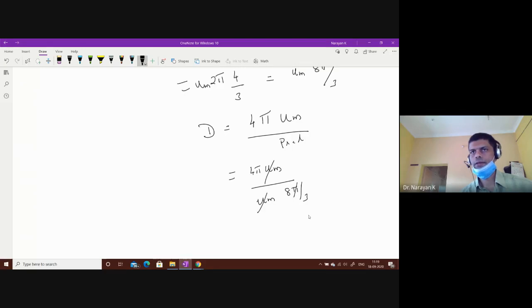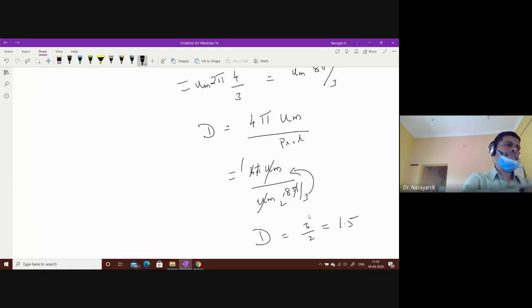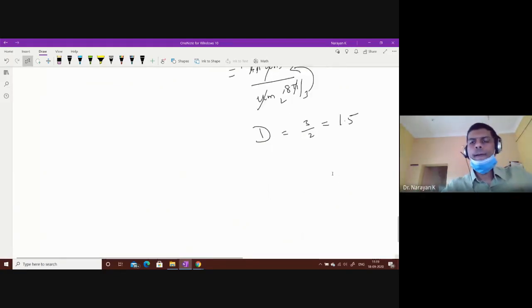U max will get cancelled, pi will get cancelled, 4 is 1s, 4 is 2s. So you will end up getting 3 by 2. This 3 goes into the numerator. So the directivity is equal to 1.5. Convert into dB. Got it, all of you? Yes, sir.